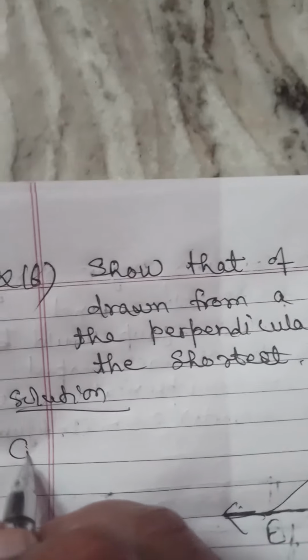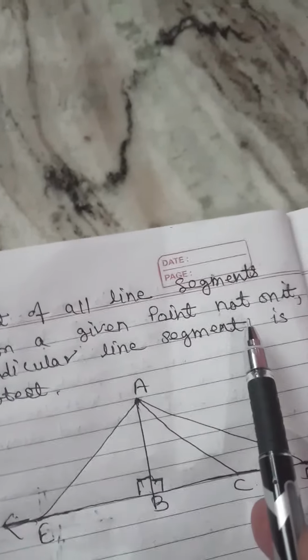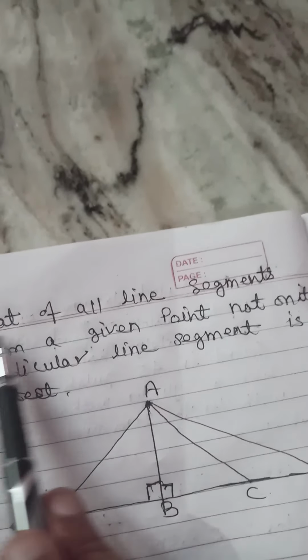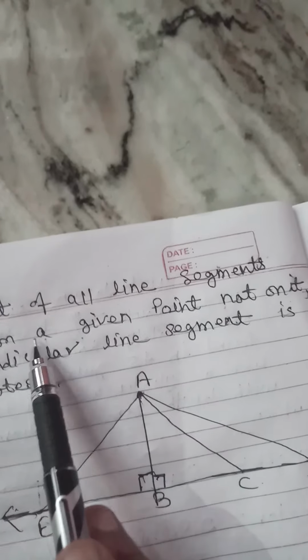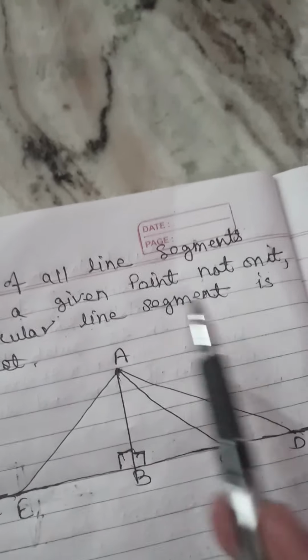the first step is given. Here, given angle B is 90 degrees. So that of all the line segments drawn from a given point not on it, the perpendicular line segment.